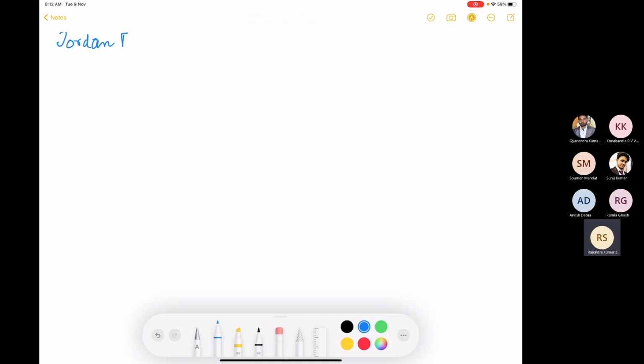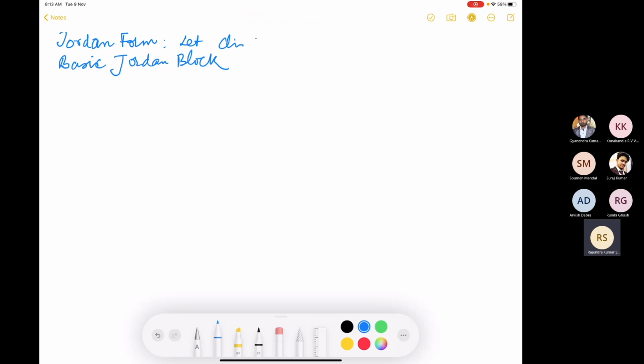So first let me define the Jordan block, or the basic Jordan block, with respect to a characteristic root.